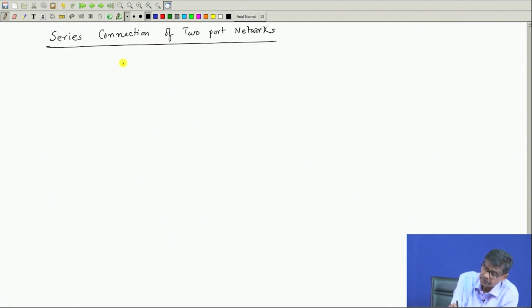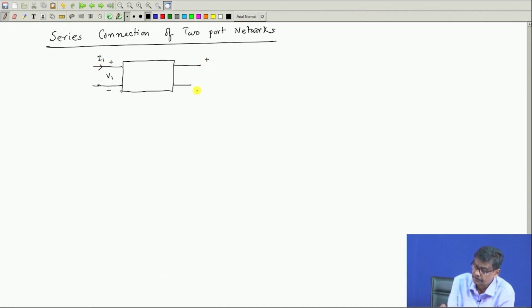Now, suppose you have got two port networks. It can be extended to 3 two port networks as well. Only for 2, if we understand, we know what to do with others. So, this is 1, plus minus, this is V1, this is I1, and this is the network, plus minus V2 and this is I2. So this is network 1.